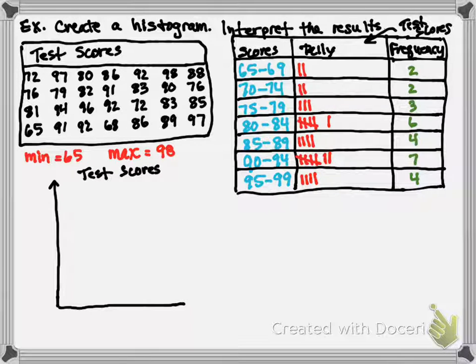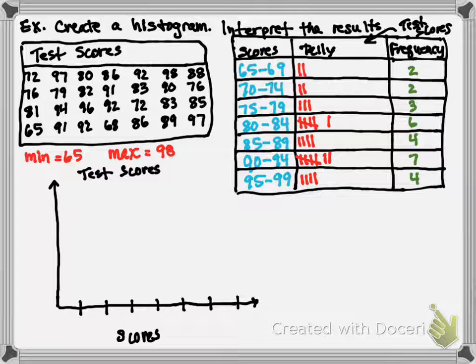Okay. And we're going to create the intervals here. So we've got 1, 2, 3, 4, 5, 6, 7 intervals. And we're going to call these scores.